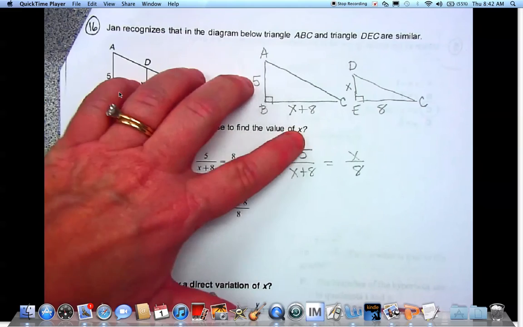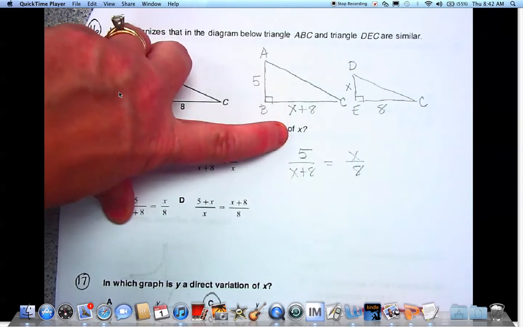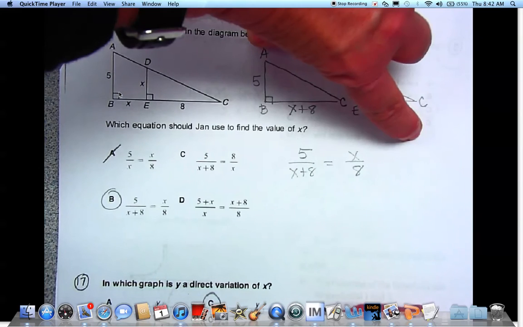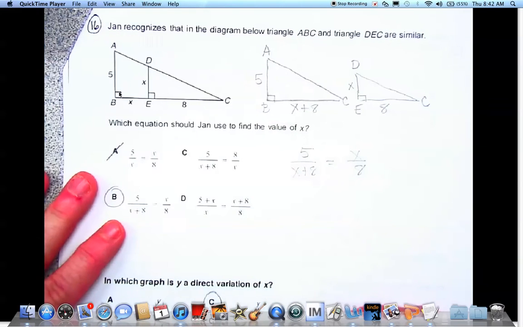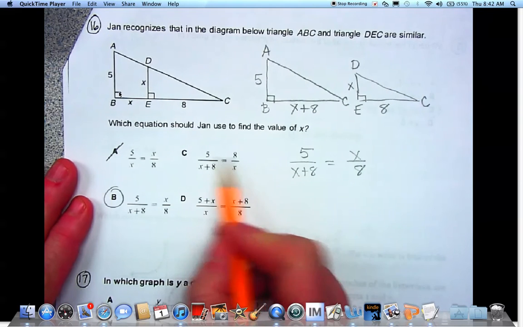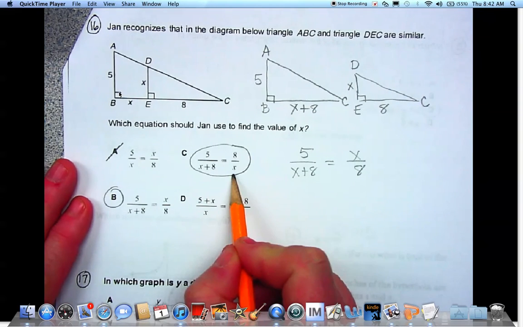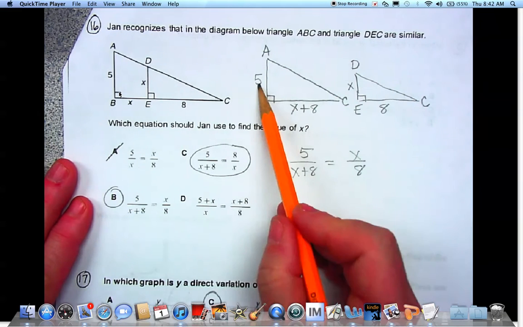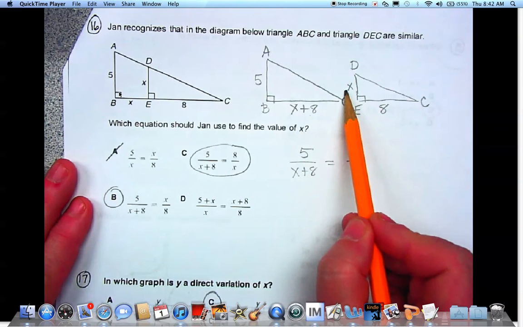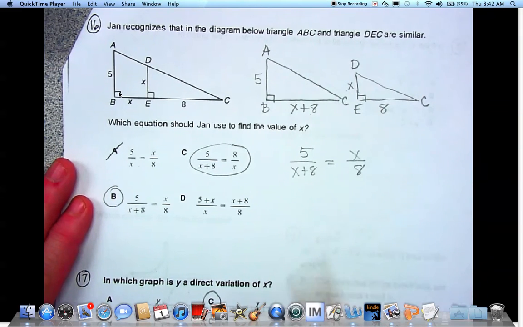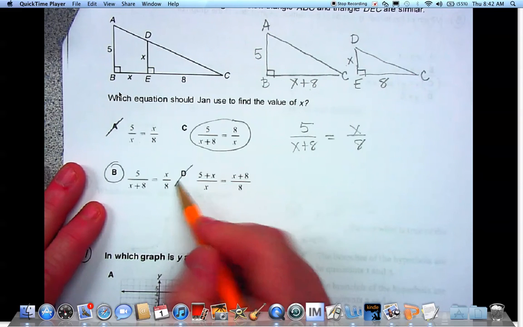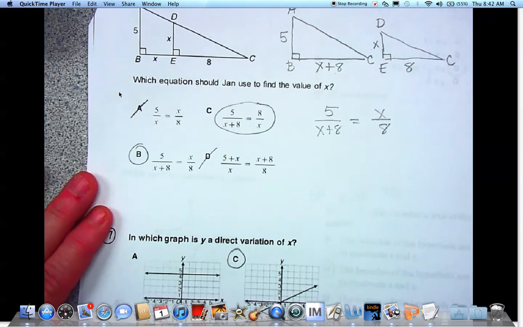As long as you're consistent, this side over this side equals the same side over there over the same side over there. So it doesn't matter which way you do it. You can do it a million different ways. But not this way and not that way, because this way would be wrong. Why is that one wrong? Because 5 over x plus 8 is not the same thing as 8 over x, is it? You're not being consistent. And then this one, there's no 5 plus x anymore.